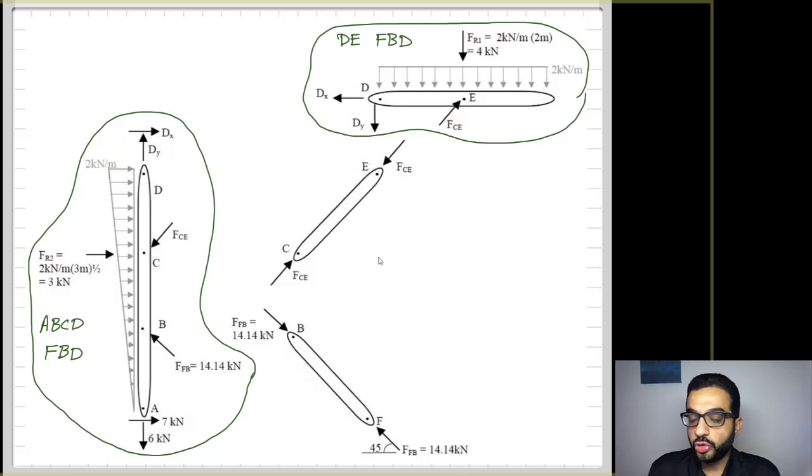Same thing when you analyze the FCE as a reflected force on member ABCD. So I reflected it on joint C at member ABCD.